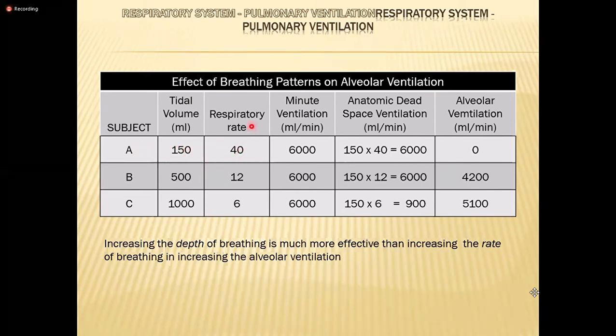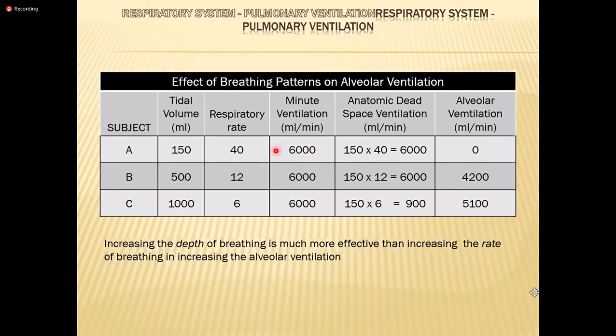150, with a respiratory rate of 40, usually you can find this in patients undergoing hysteria. You know, the ladies, yun nagpapansin. So she will undergo syncope because there is no alveolar ventilation.